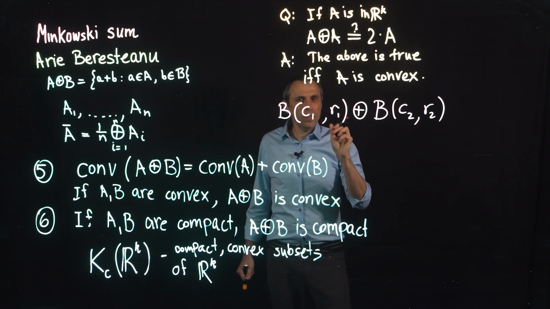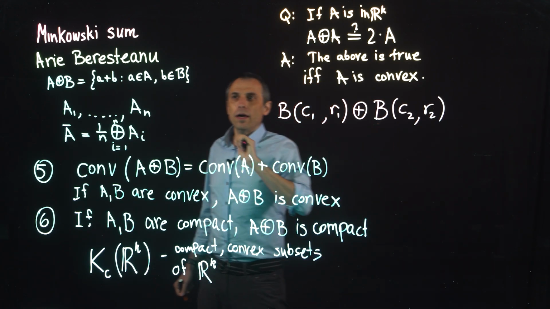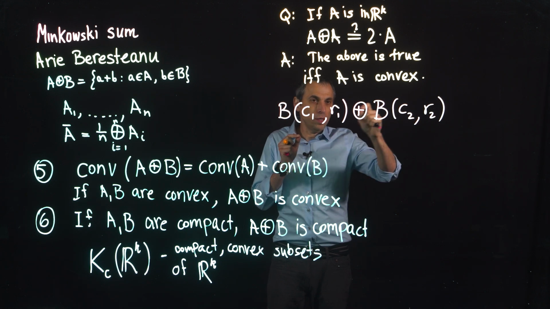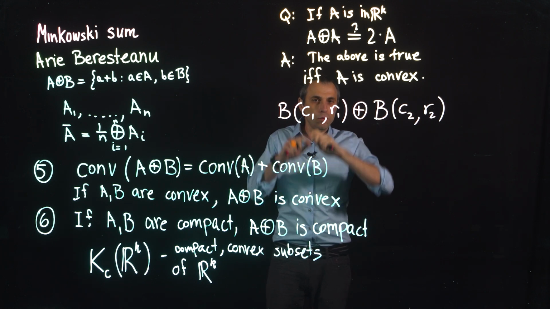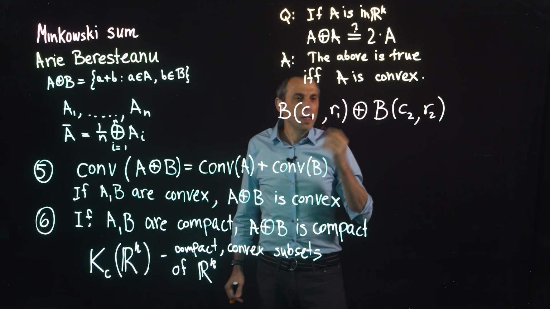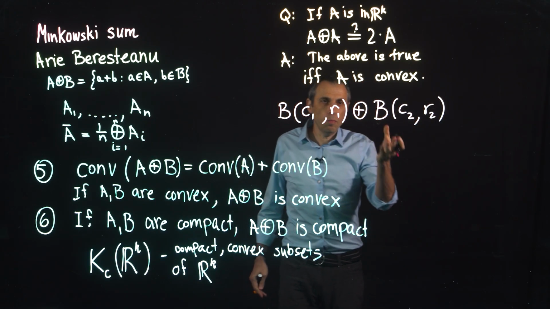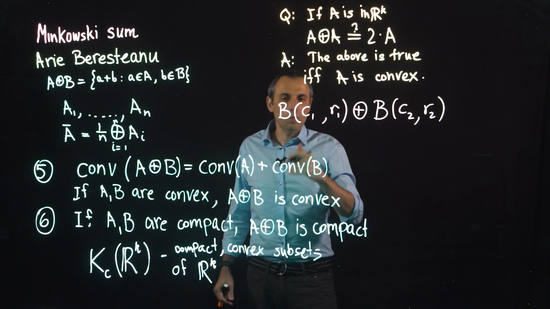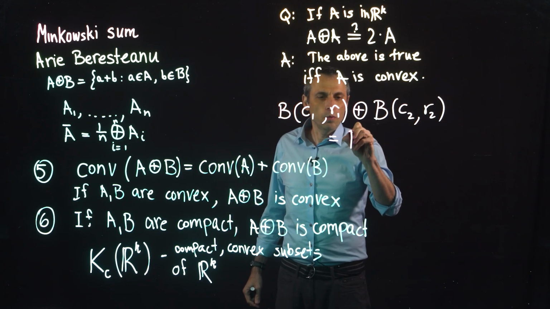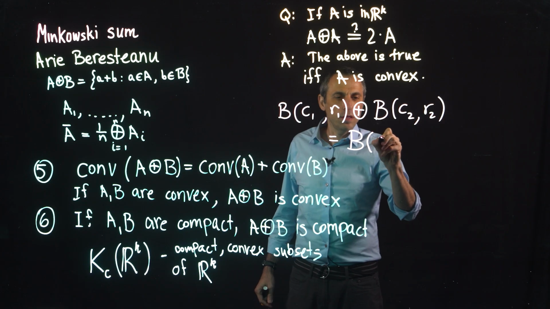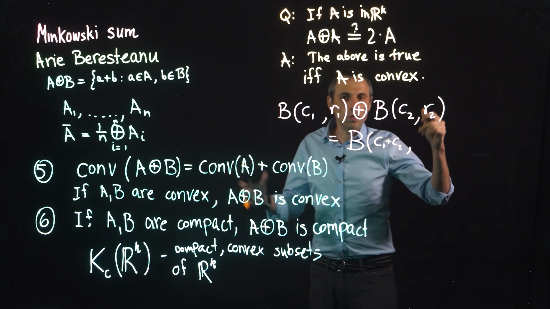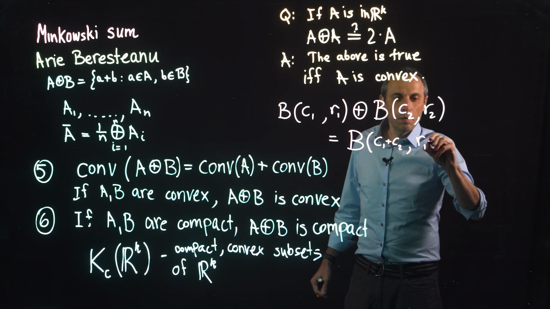When I say ball, I measure distance by the Euclidean distance, so it's really a ball the way we think about a ball. Since both are compact and convex, the sum is going to be a ball centered at C1 plus C2, with a radius of R1 plus R2.